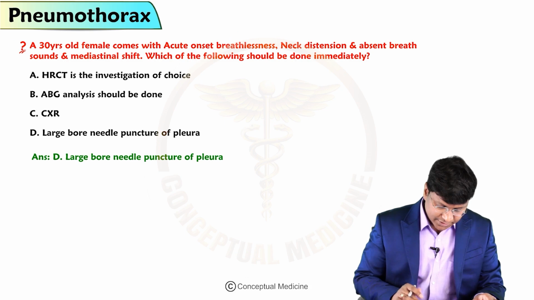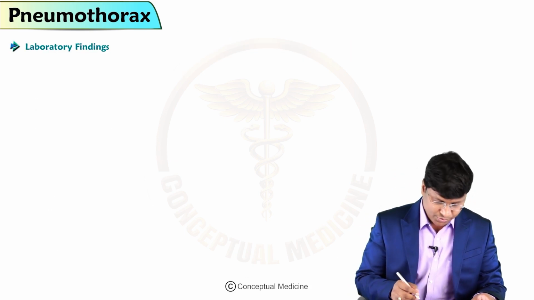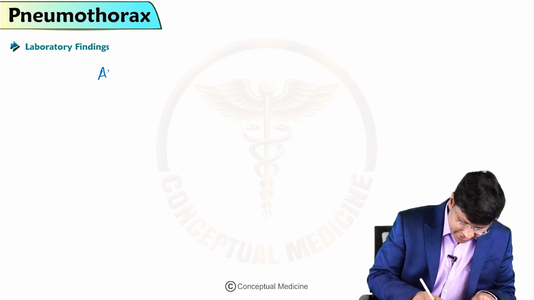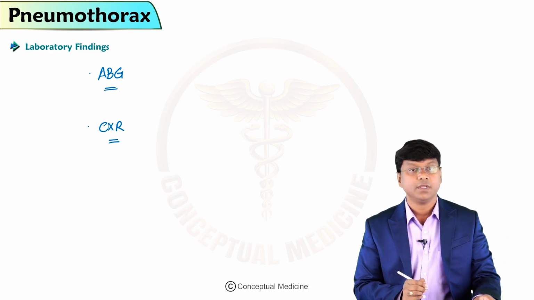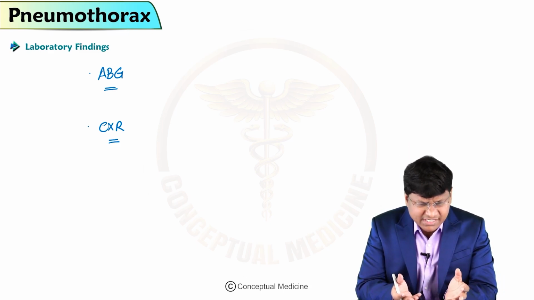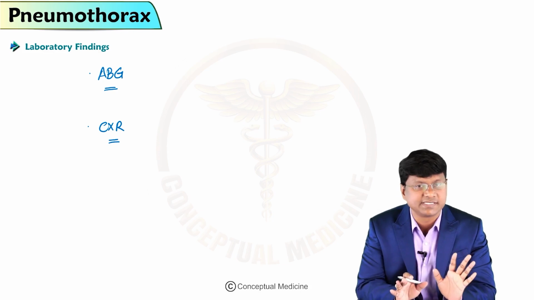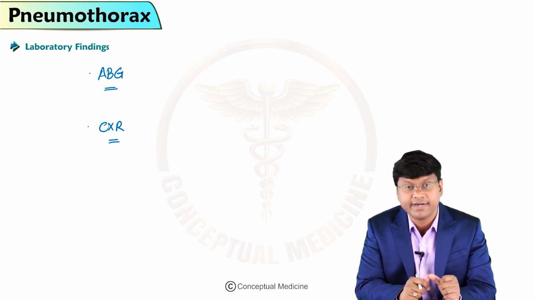Then coming to the laboratory diagnosis in patients with pneumothorax. The investigations that can be done are ABG and chest x-ray. What does the ABG show? ABG as such is unnecessary. It is not an emergency investigation which is required in pneumothorax.